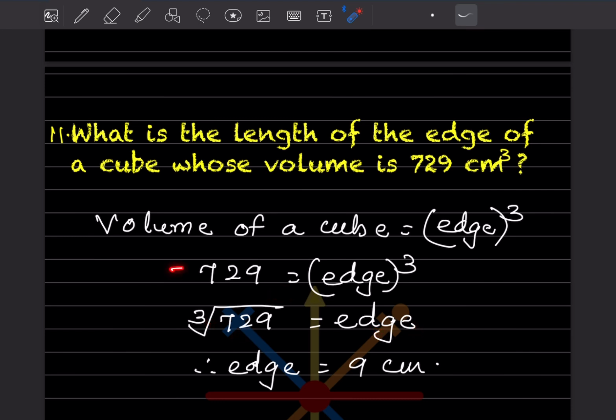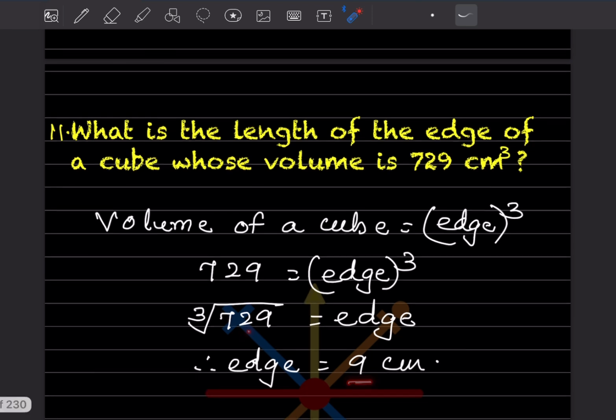So h is 9 into 9 into 9, that is 729. So h is the cube root of 729, that is 9. So this is the answer.